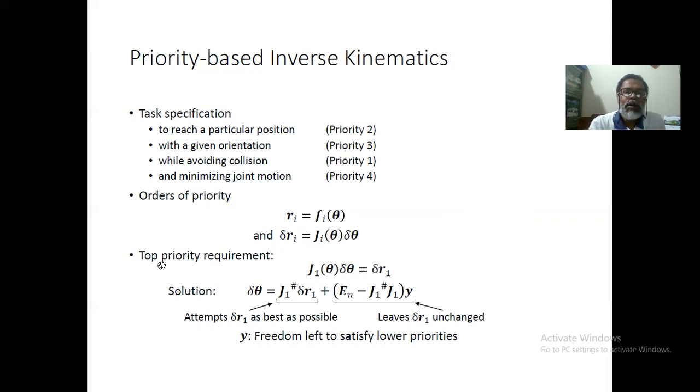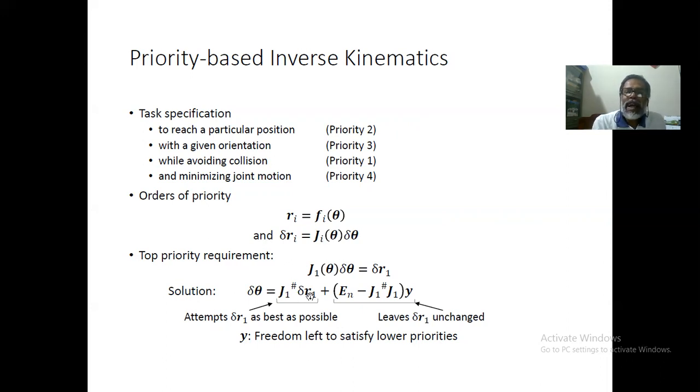So we first go about satisfying the top priority requirement. Since only a few equations will be there and a large number of unknowns, this solution you will get very easily as J1 hash delta R1, and you can add something more.